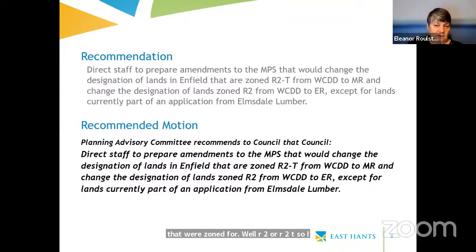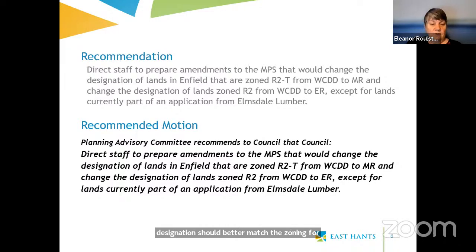As I said before, I think it leads to a false sense of security for folks and confusion overall. So I'm prepared to support this motion to take at least a small part of that out of the WCDD. But what I would like to see is a strong look at whether our land use designation should better match the zoning for clarity purposes.